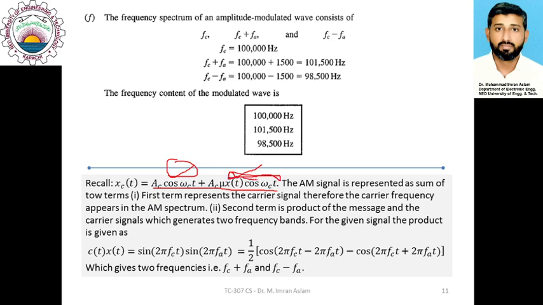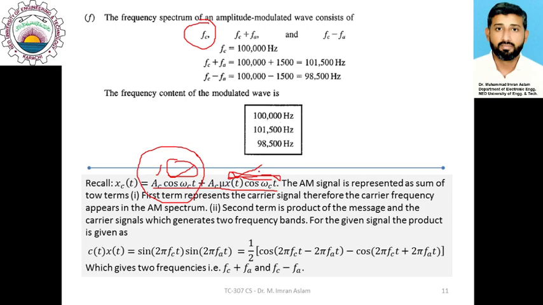So you can see that there is a product of x(t) and cos omega c t. So from the first part we can conclude that the carrier frequency would be there on the output side, because we have a definite term related to the carrier. So the output of the modulated waveform contains one frequency, which is the carrier frequency. Of course, that will be there.